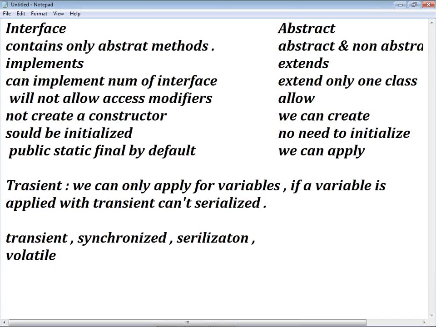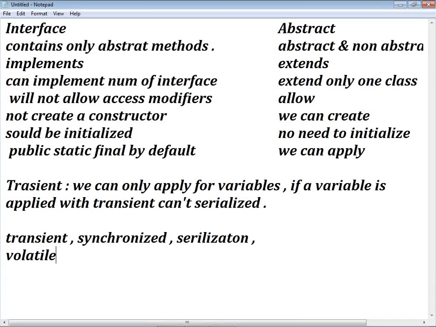But what is the default access specifier and access modifier for interface variables? By default, public, static, final. Meaning the variable is applied with the final modifier.